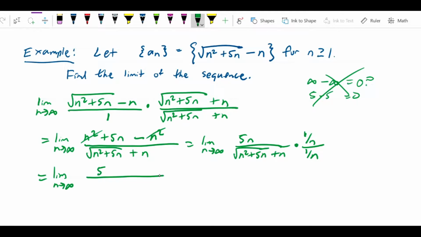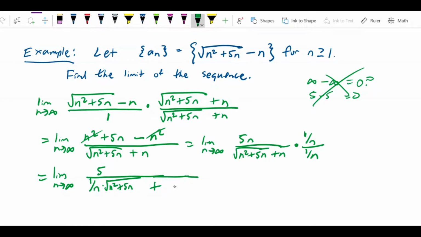Down here, let me do it in another step. Let's do 1 over n times the square root of n squared plus 5n, plus 1 over n times n. We can easily see that this second part of the denominator is just going to be 1.